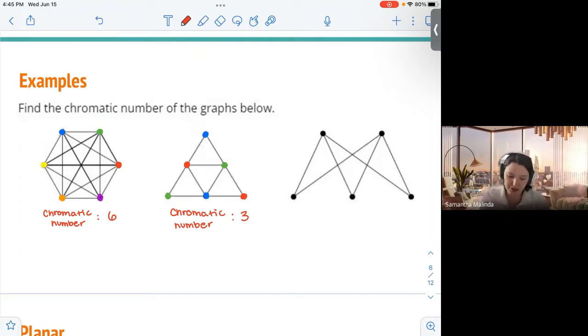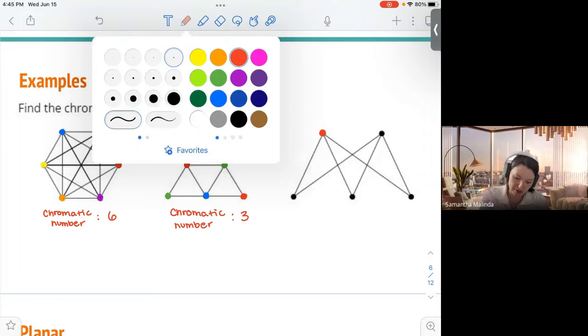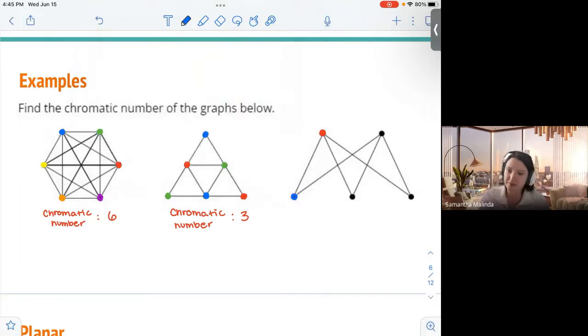Now, again, you can start wherever you want. I'm going to start with the most connections. So I have the red. My next connection would be blue. That's just one of the connections I chose. The next connection is this vertex right here. The reason I'm already outlining in blue is because it's not connected anywhere to the other blue vertex.